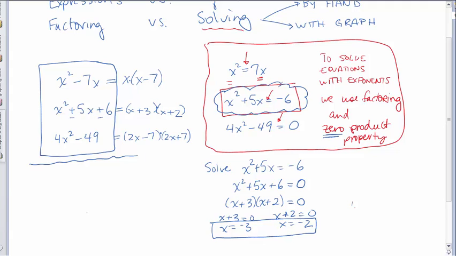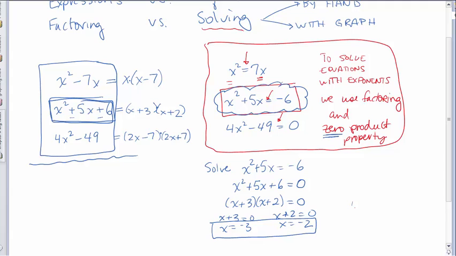That my answer was going to look like x equals a number, or x equals one number or another number, because what I was given was an equation. Whereas over here, if I'm just given something like this, and I'm not given an equal sign with something on the other side, I'm not being told to figure out what x is.